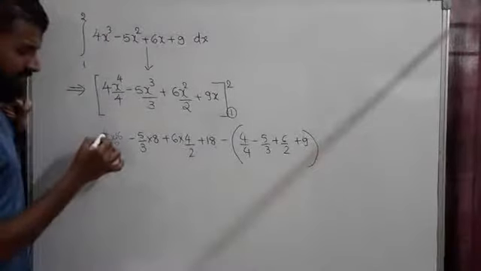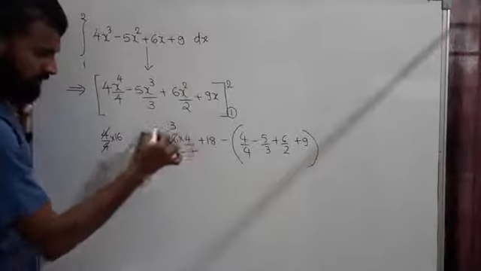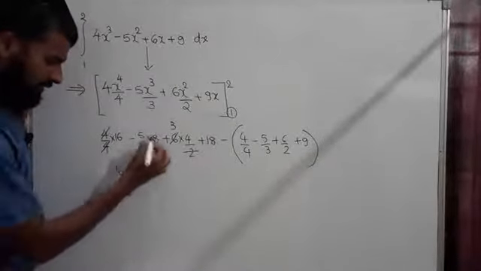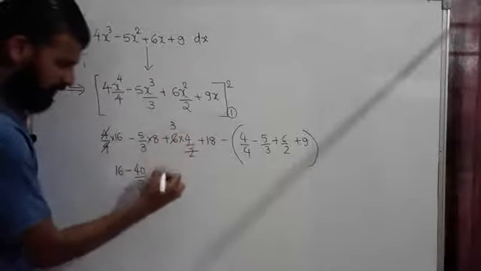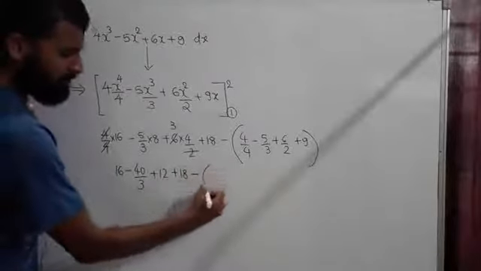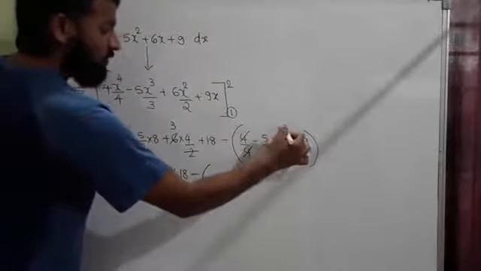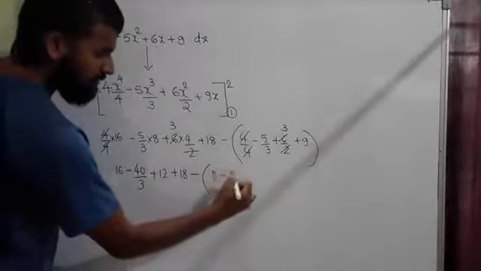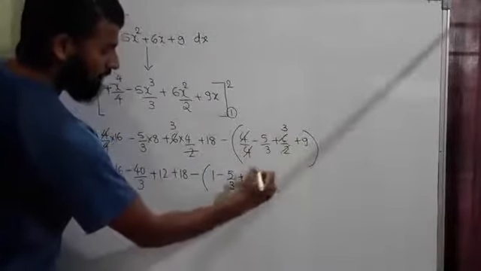So now let's cancel the things. 4 and 4 cancel. Here 2 fours are 16 hmm, so I'll be having 16 here. Here minus 40 upon 3. Here 3 fours are 12, here it becomes 18. Minus, here 4 and 4 cancel, I'll be having 1 minus 5/3, and 6 by 2 is 3, 12 hmm.